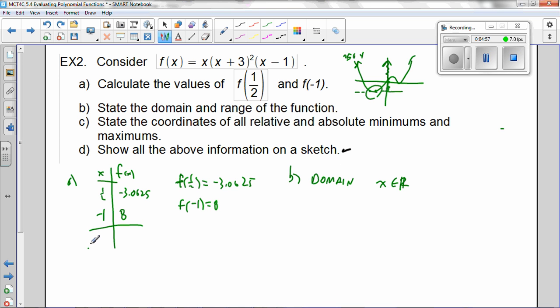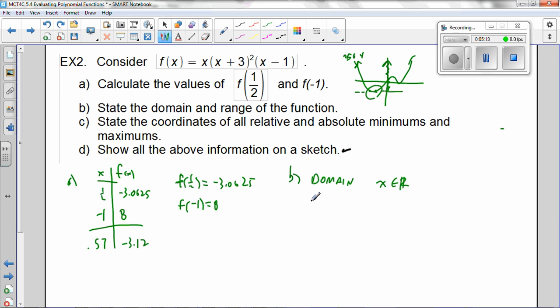The minimum was 0.57 and negative 3.12, right?